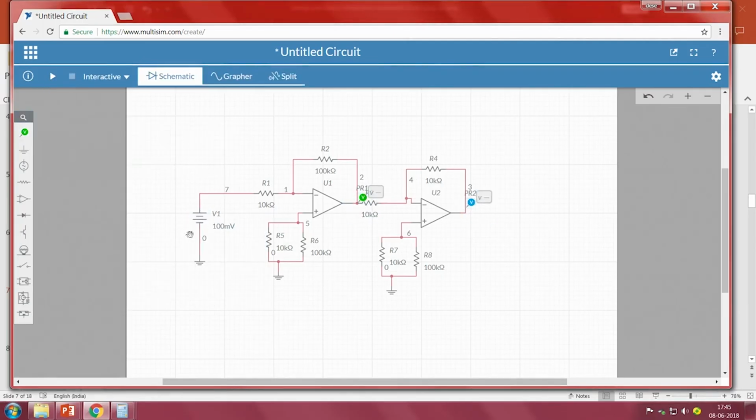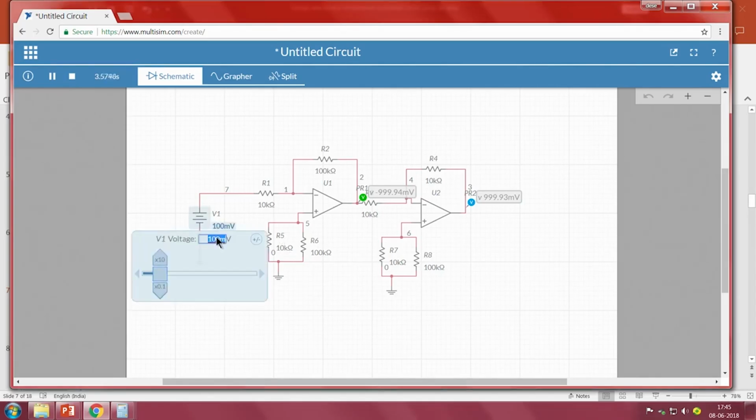For 100 millivolts the gain is 10, so we should get minus 1 volt. Let me run: minus 999.94 millivolts, which is minus 1 volt. After passing through another operational amplifier, which is the phase changer, the negative has become positive. So this is working fine.